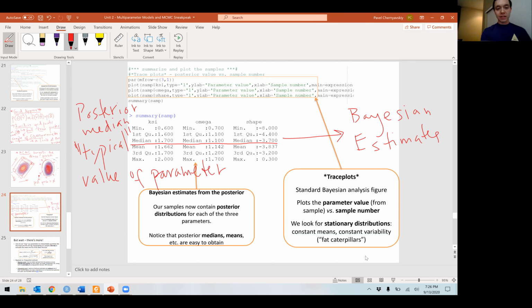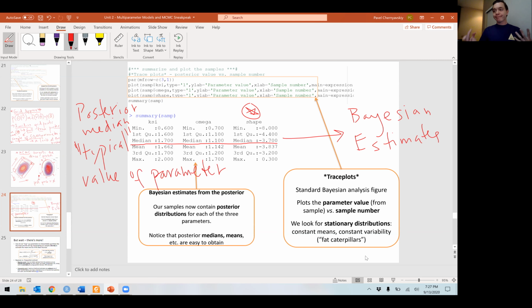Remember that of these 3, only the shape is easily interpretable. And that gives us a sense of whether our distribution is left skewed or right skewed. The typical value is negative, so we are, not surprisingly, estimating a left skewed skew normal distribution. Sometimes you will see the mean reported, the average value of the parameter given a data set.